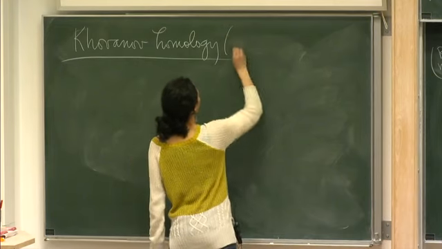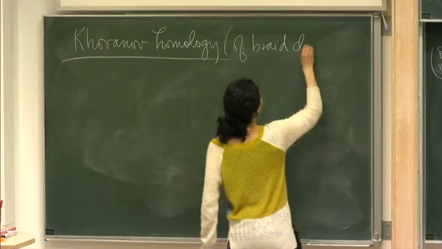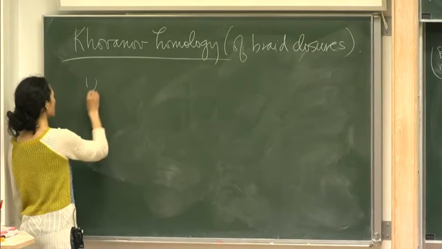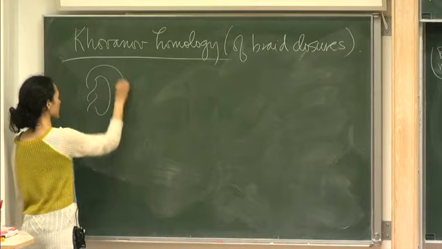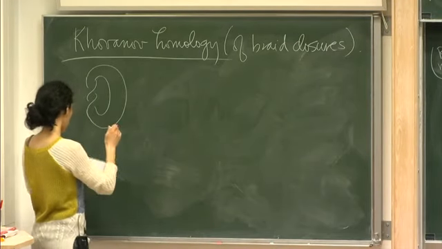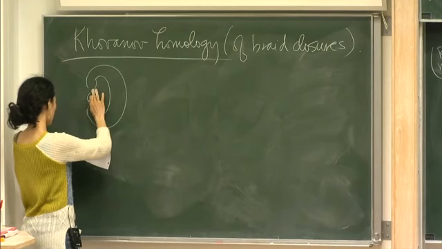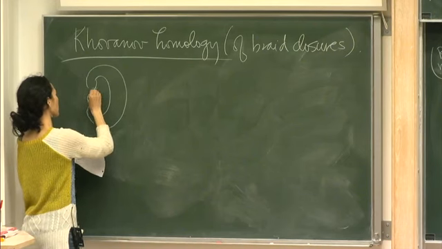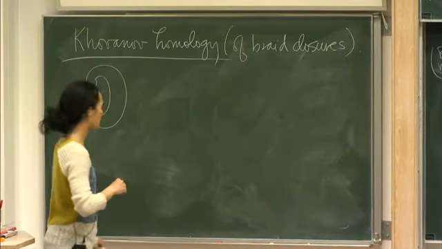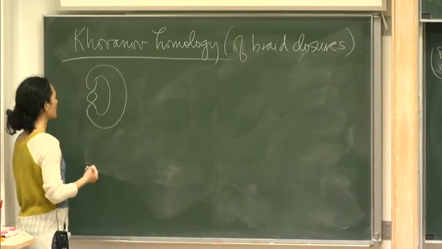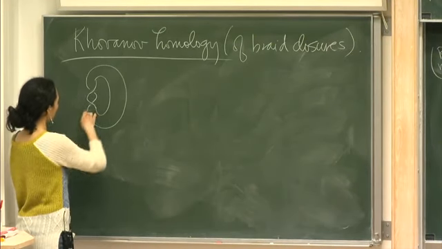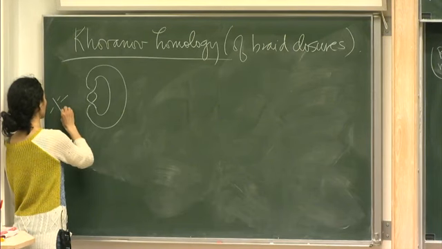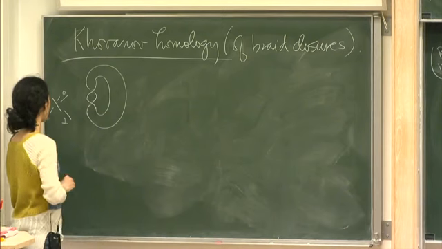Okay, so this is the Khovanov homology of braid closures. Let's start with a diagram, which is realized as a diagram of a braid closure. Actually, I wanted to do something a little bit different. So this is really a two-crossing diagram of the two-component unlink realized as a braid closure. Okay, so the idea is that at every crossing, there are two ways to resolve the crossing, a so-called zero resolution and the one resolution.